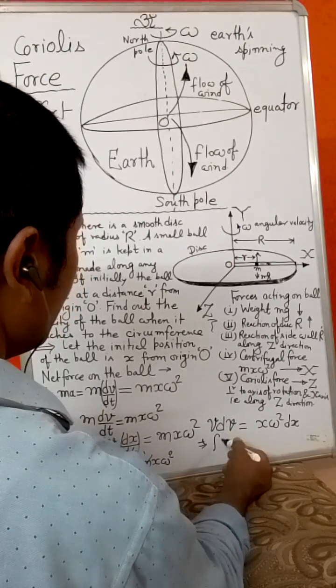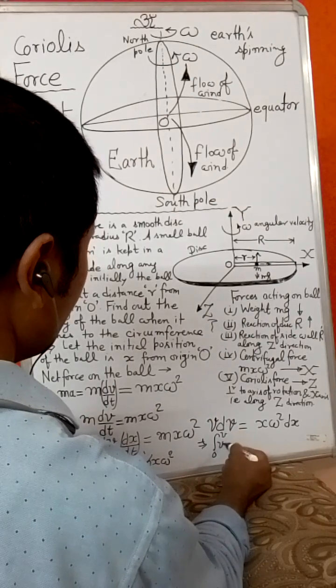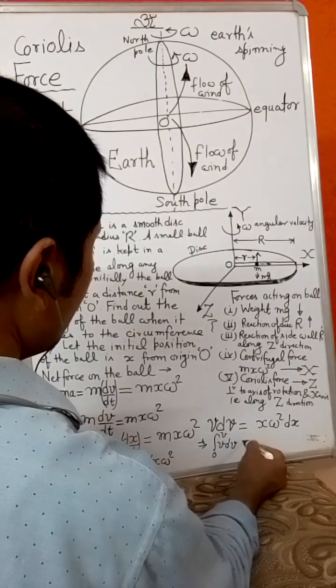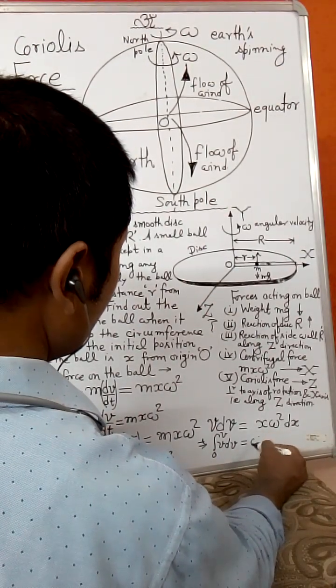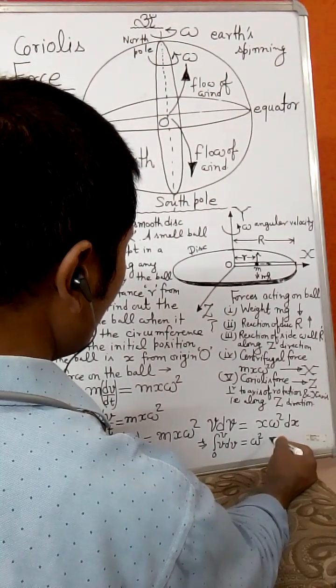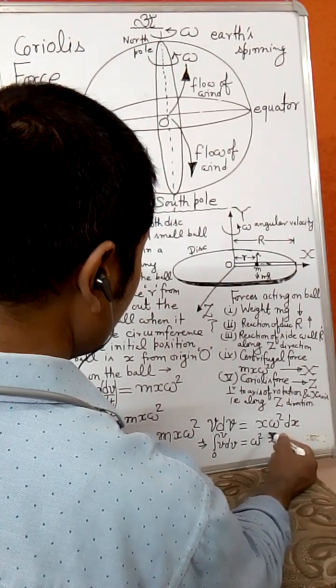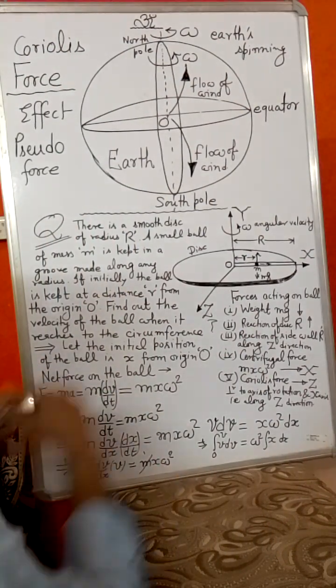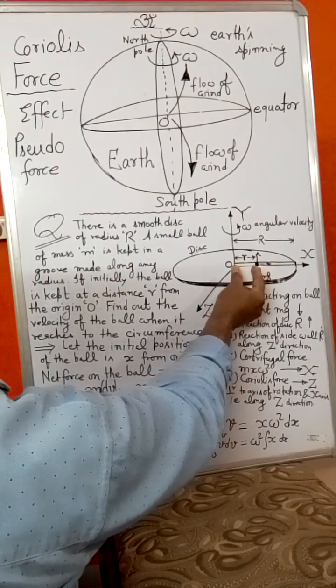Now this can be further simplified. Let's take the integral from 0 to v of v dv is equal to the integral of omega square x dx. Now this x is basically the variable position.